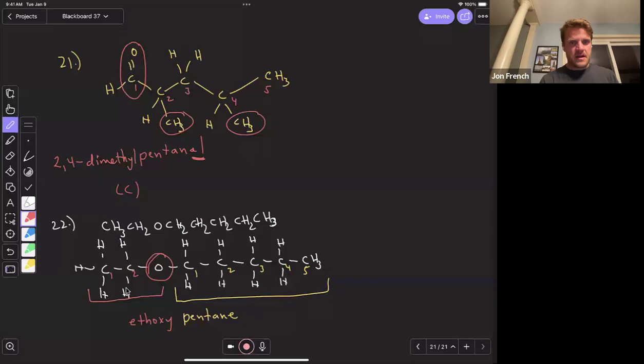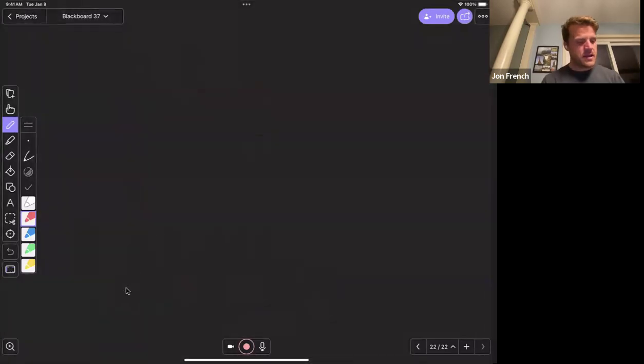Question 25 is an alkene. This one's fully drawn, so we should be able to answer question 25. It's not the line angle drawing, it's the full structure. And maybe the only thing you're missing from this question is just one prefix that we would have to add.